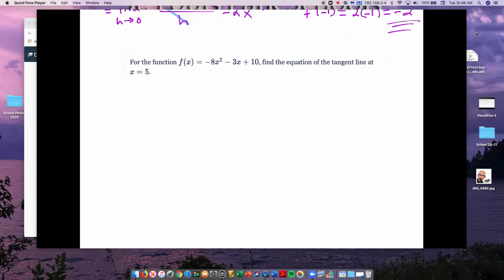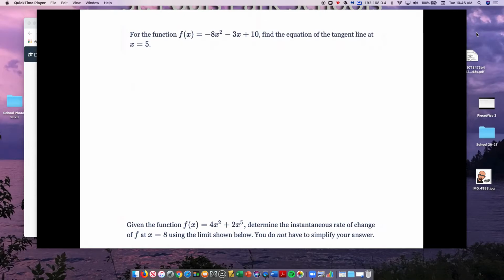Let's look at this next one. Hopefully I'll have enough room to finish this, but this one is saying now write the equation of the tangent line.